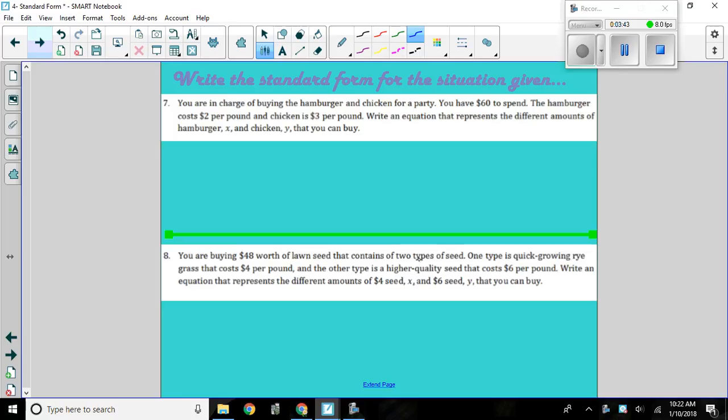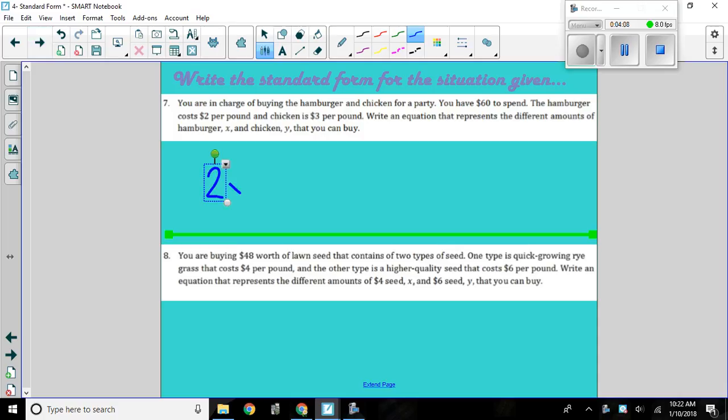Okay. I want you to go ahead and let's look at 7. You are in charge of buying hamburger and chicken for a party. You have $60 to spend. The hamburger costs $2 per pound and the chicken $3 per pound. Write an equation that represents different amounts of hamburger, X, and chicken, Y, that you can buy. So here they didn't tell us to use X for hamburger and Y for chicken. All right, so hamburger is $2 per pound.